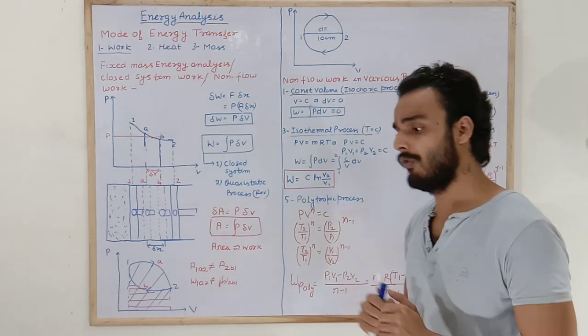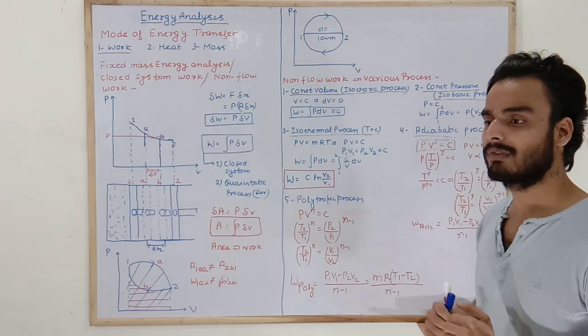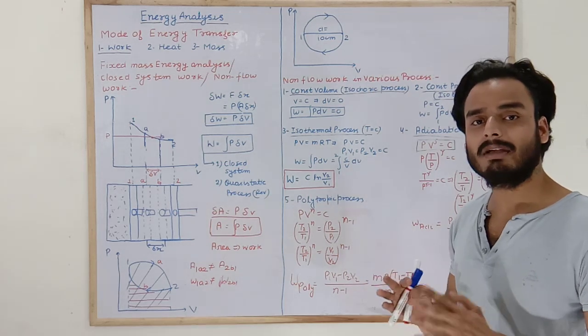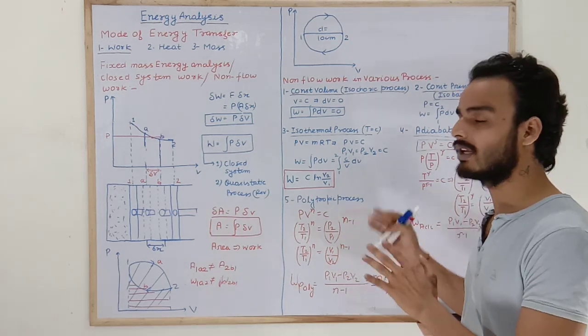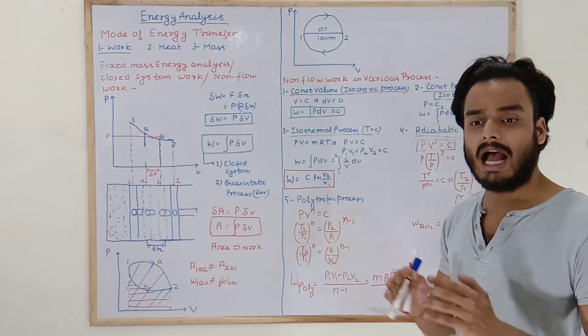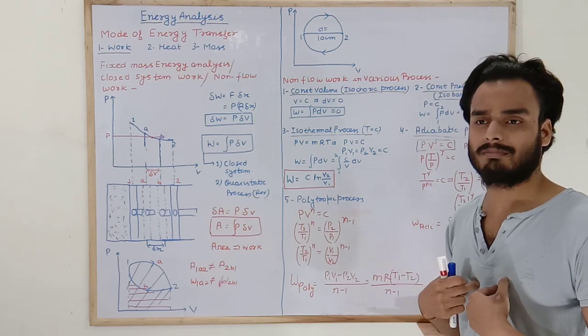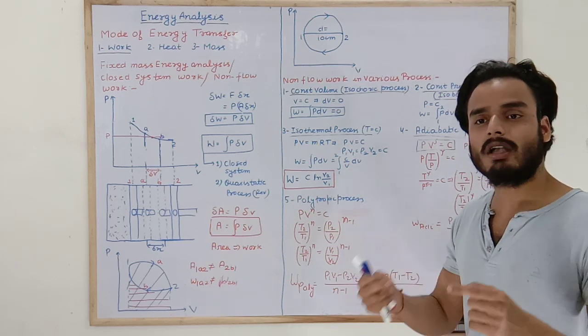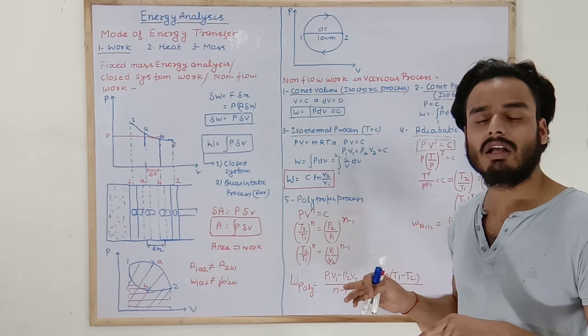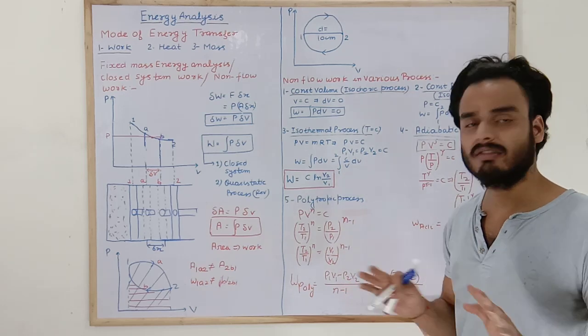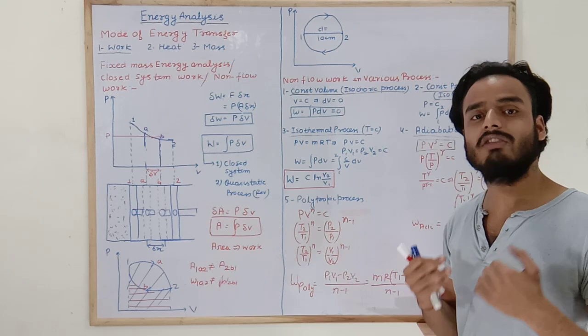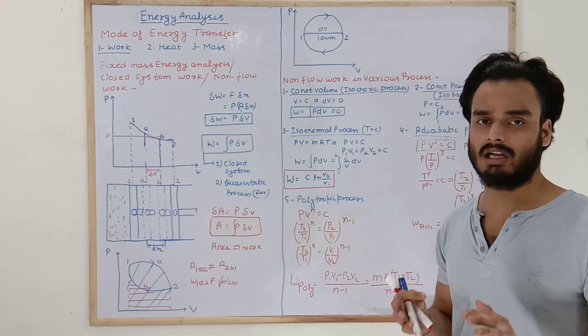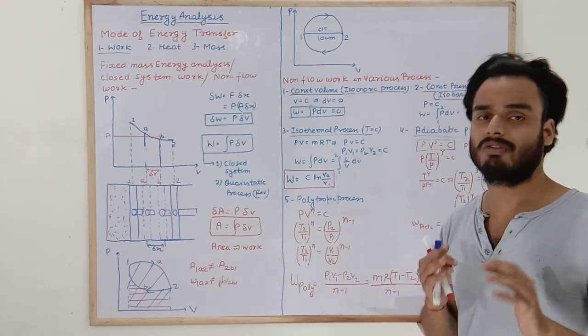Now one point I want to make clear here. Whatever thermodynamics expressions I develop in this lecture, I will take my own sign convention. This is not compulsory. You can take your own sign convention.